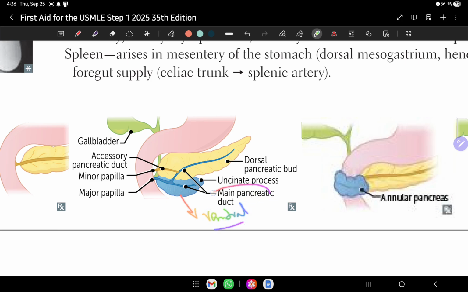This is important. The main pancreatic duct is from the ventral pancreatic tissue, and the dorsal pancreatic bud gives a branch. These both combine and lead to the opening in the major papilla. Also there is an opening here which is through the minor papilla. This is the accessory pancreatic duct.